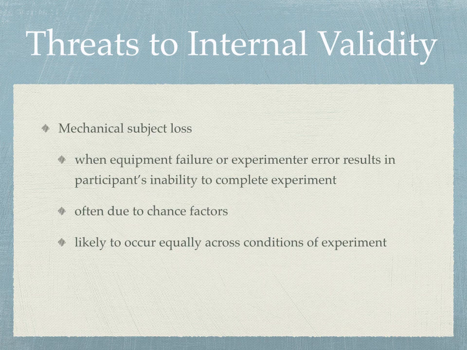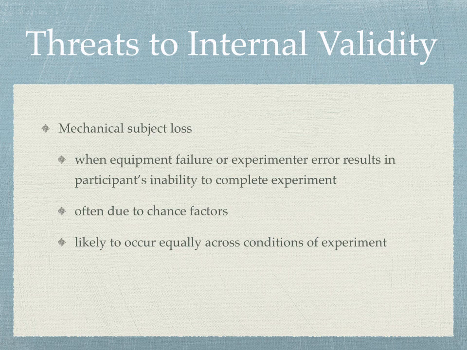But that's another reason that we create random orders for conditions, so that things like mechanical subject loss are more equally balanced. There may be times where the computer is just not working, and every time something's wrong, it's a bad week. So if you have both your treatment and control conditions collecting data that week, then we're going to have equal loss across those two groups.